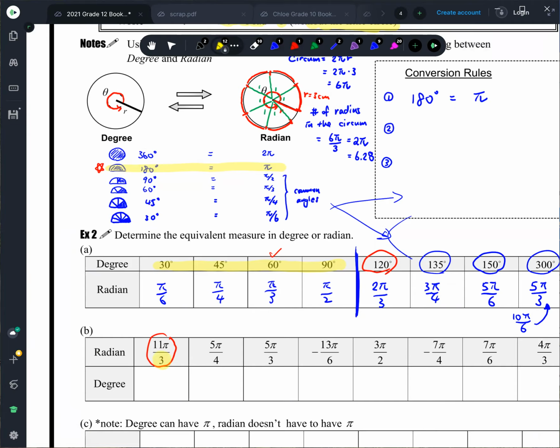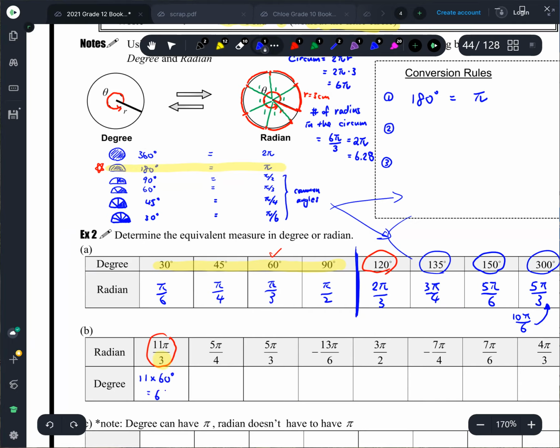Pi over 3, and you have 11 slices. Okay, pi over 3 is a 60, so you have 11 of them. So you have 11 times 60 degree. So that's 660 degree. So you just look at the denominator, then you will figure out how many slices of that you have.